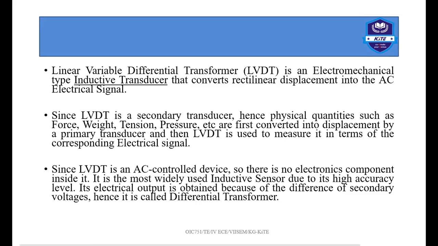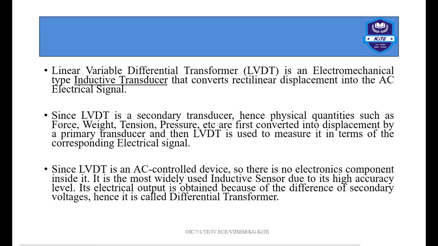Since LVDT, that is linear variable differential transformer, is a secondary type of transducer, physical quantities such as force, weight, tension, pressure, etc. are first converted into displacement by a primary transducer, and then LVDT is used to measure it in terms of the corresponding electrical signal.